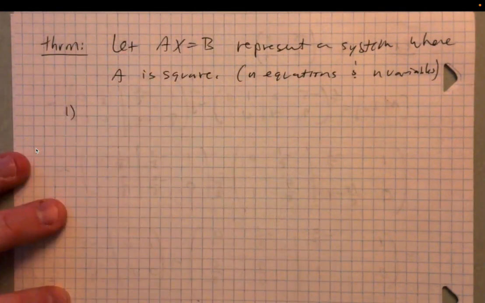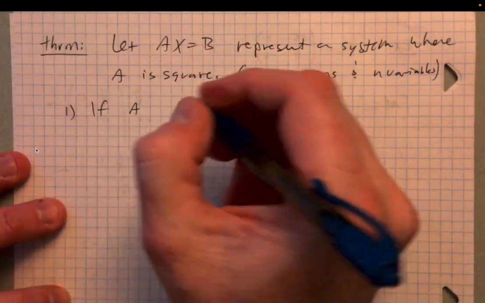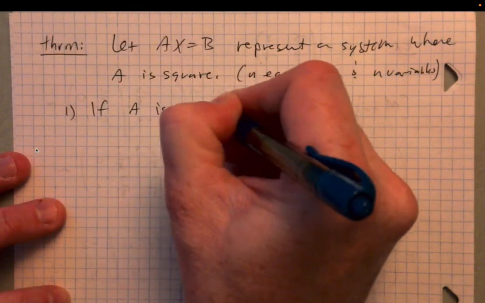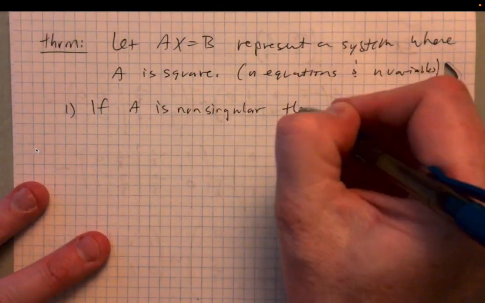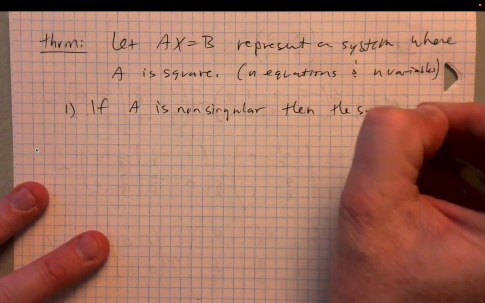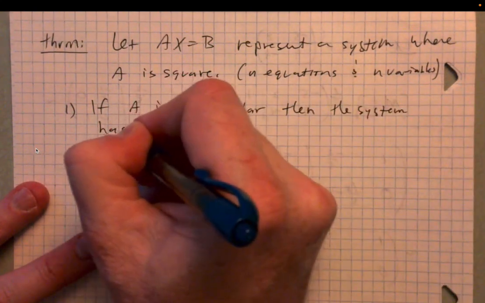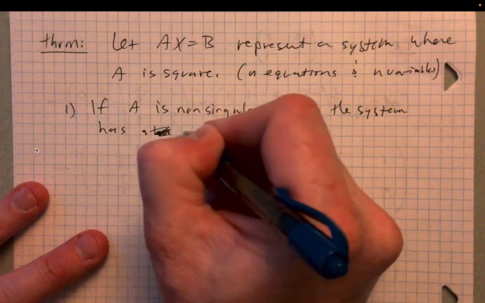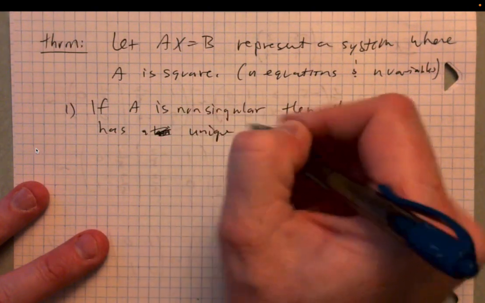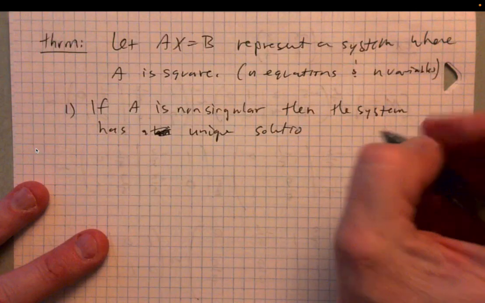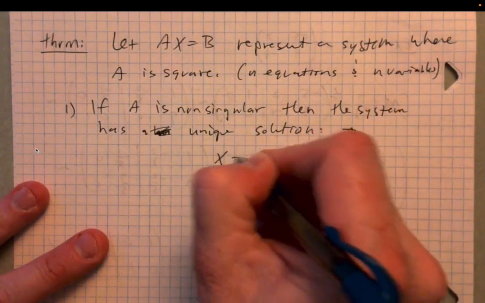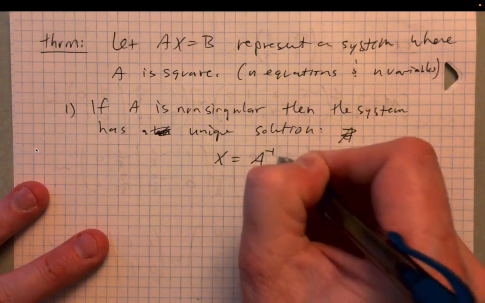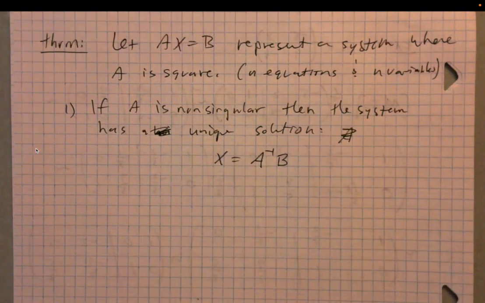Then two things. One, if A is a non-singular matrix, then the system has a unique solution, and that solution is X equals A inverse times B. That's remarkable, right?